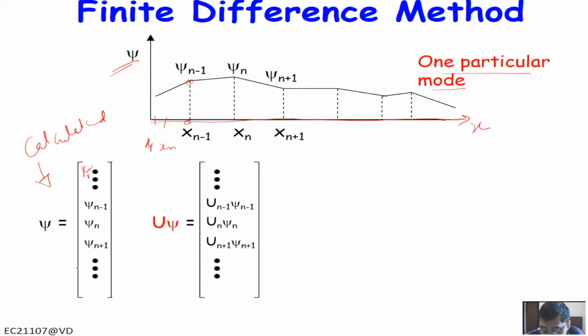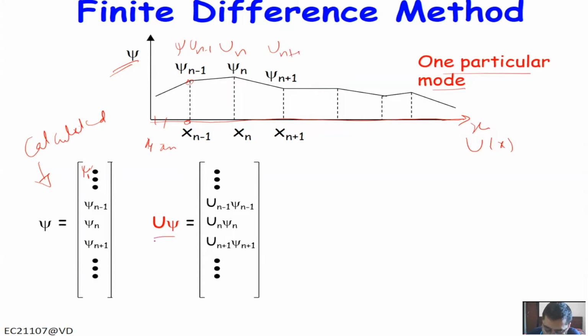Now U psi is basically what? At psi n minus 1, you have U n minus 1. So potential is a function of x. So x you know, and U as a function of x we also know. So this will be U at n, U at n plus 1.